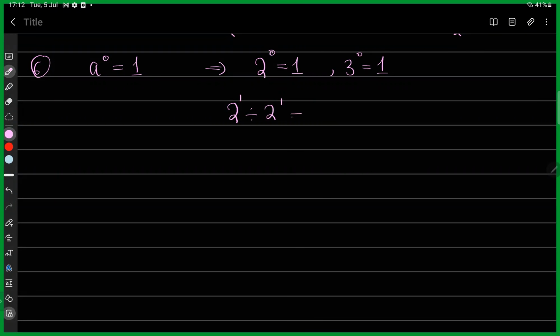I can write it as 2 power 1 minus 1 because the bases are same and the two numbers are divided, so the powers would be subtracted, and this would give you 2 power 0. And you know that when you do 2 divided by 2, it gives you 1, right? That is why in general it is a rule, any power 0 is 1. Okay, any power 0 is 1.